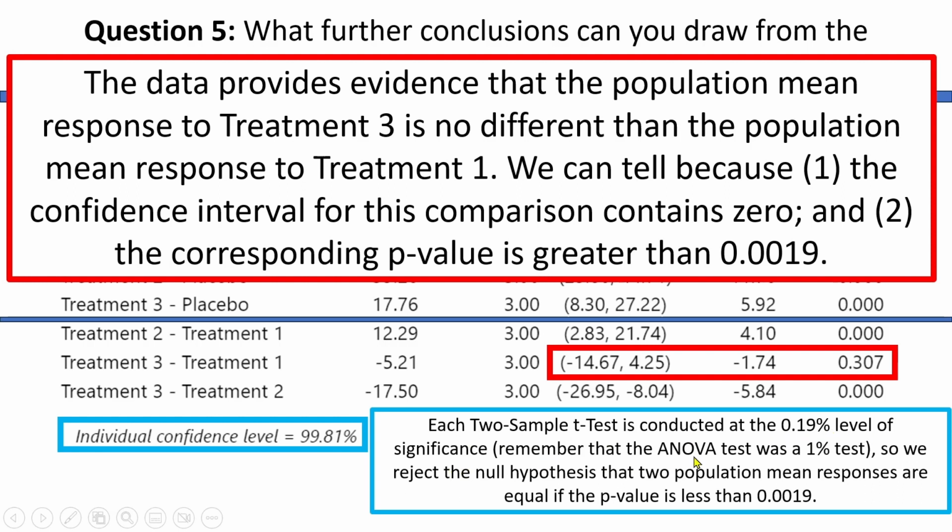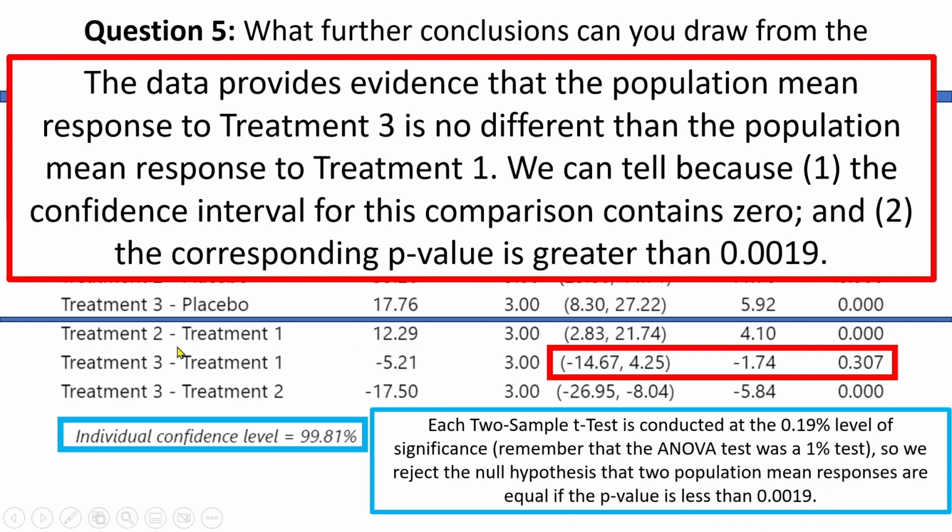And just remember that the ANOVA itself, that test itself was conducted at a 1% level of significance. And so each individual comparison must be conducted at a smaller level of significance to control the false positive rate. Now, so here we reject the null hypothesis that the two population mean responses are equal only if the p-value is less than this number.